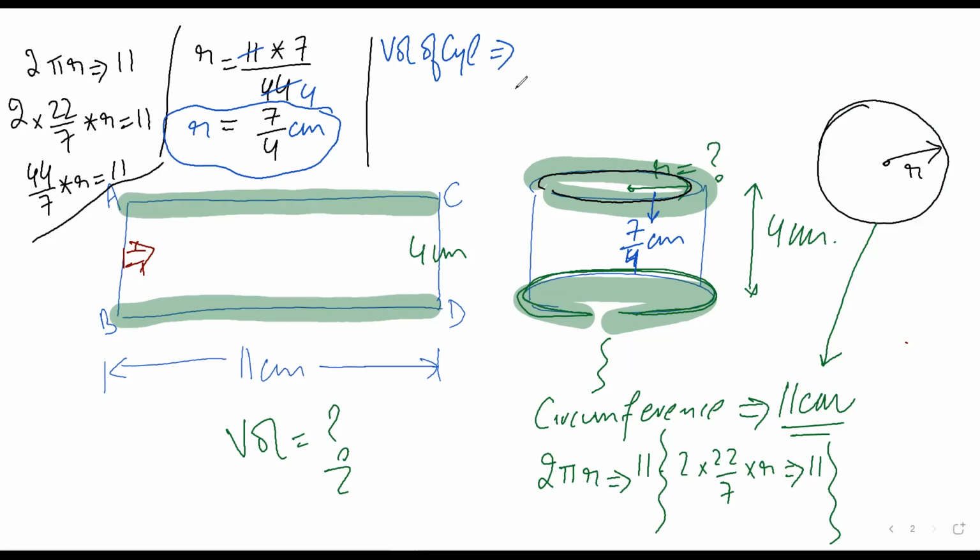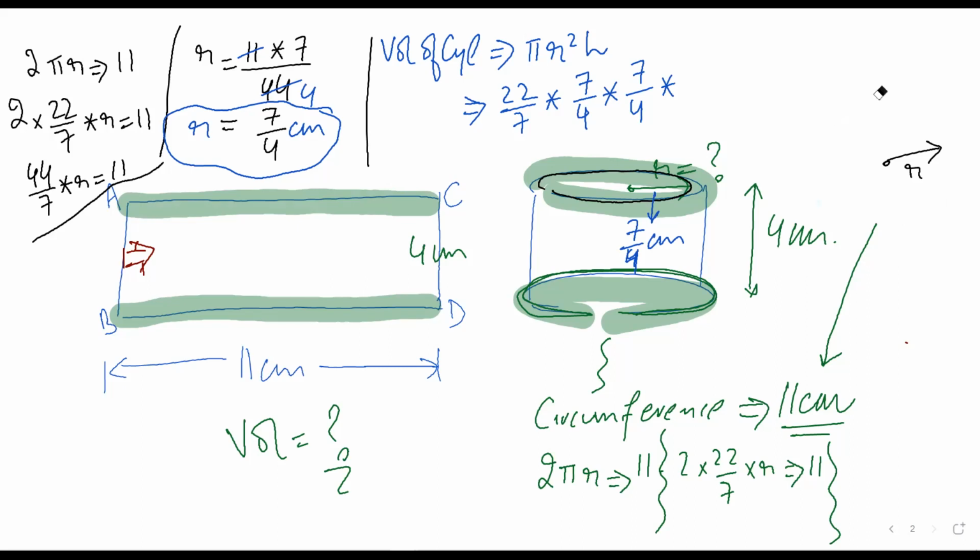Pi r square h. What is the value of pi, Satya? 22 upon 7. What is the value of radius? 7 upon 4. It is r square, so it will be 7 by 4 into 7 by 4. Any doubt? No doubt, sir. What is the value of h? 4. Any doubt here, Satya?